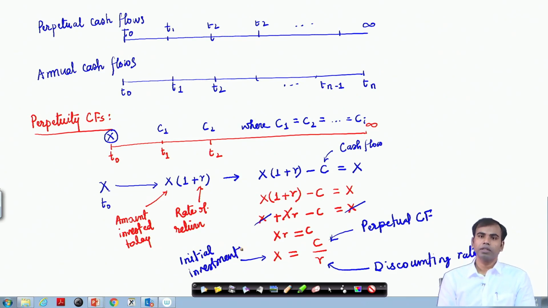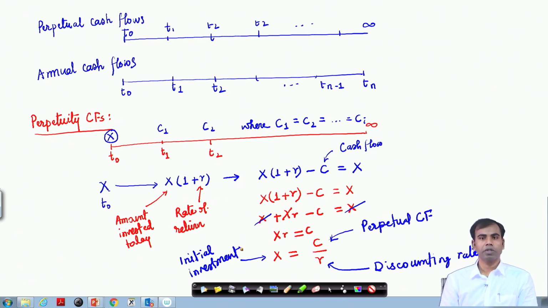So, given a perpetual cash flow amount of C and a discounting rate of R, you can calculate what amount of money should be invested today, that is x, so that you generate C amount of money every year or every period till perpetuity. So, this is the formula you can use to calculate the value of investment to be made today to generate a perpetual return or perpetual cash flow in future to the extent of C.